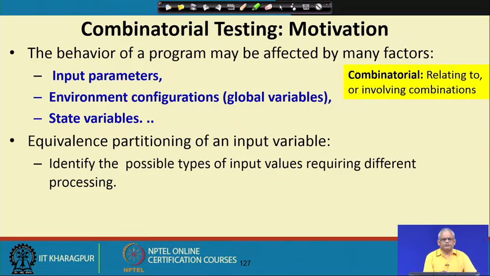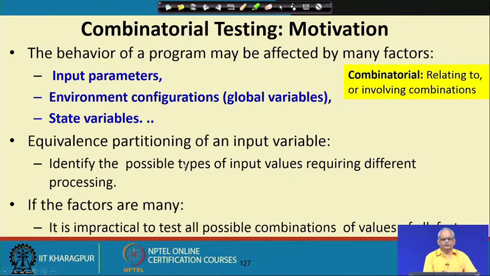We had seen in the previous lecture that for every input variable, using the black box testing techniques of equivalence class, boundary values and so on, we can design test cases. And then we have to consider various possible ways of combining these inputs. But the problem is that often the inputs may be too many.